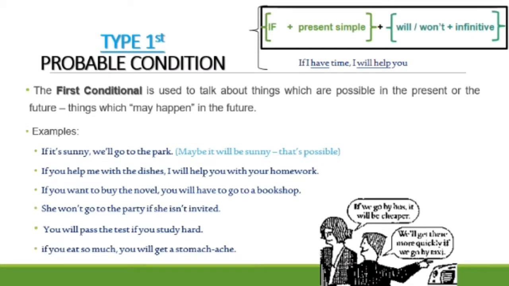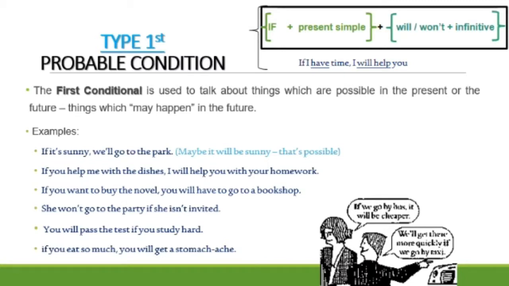So if I have time, I will help you. It means that here there is a probability for me to help you. There is a hope. It's something that might or can happen in the future.